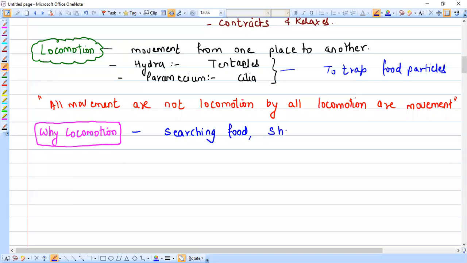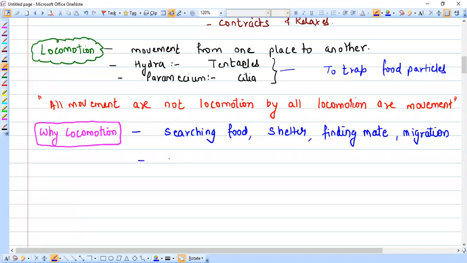Second reason, we do locomotion to get proper shelter. We migrate from one place to another under unfavorable conditions. It is purely because of locomotion. Then the next reason is finding a mate, because the ultimate goal of each and every living organism on this earth is to reproduce and continue the race, even migration. These are the various reasons why we move.